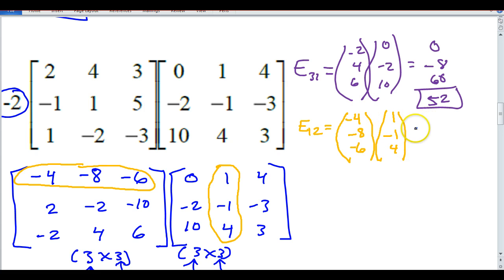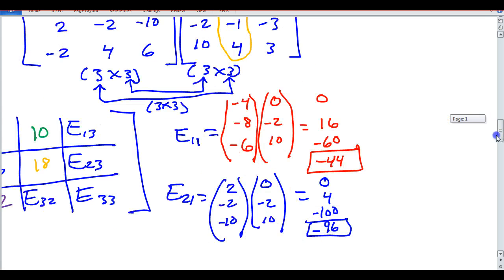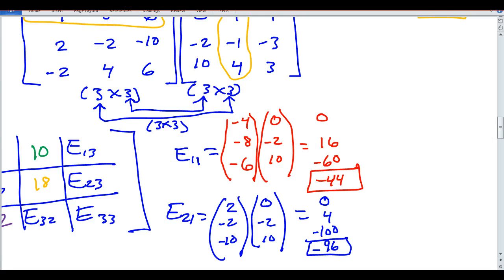So that is going to be negative 4, positive 8, negative 24. Add them up, and I'm going to get negative 20. So negative 20 is going to go right here. Where do these crazy numbers come from? It's a mystery.